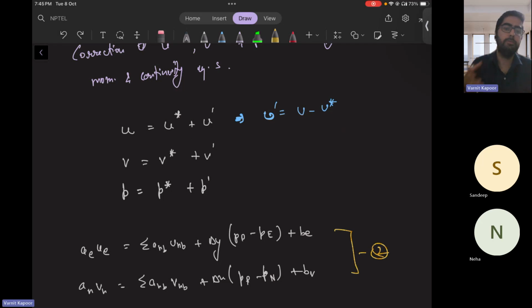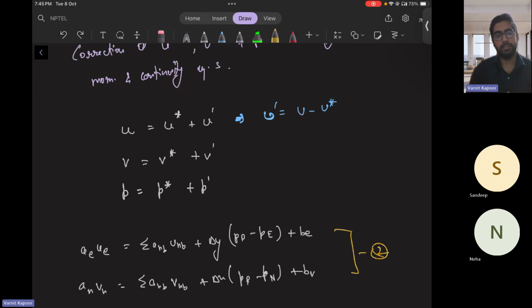Of course, this constant will keep changing, because it might change with every iteration. But P dash equal to constant tells you that for that particular iteration, you have obtained a velocity field that satisfies continuity. We can consider P dash equal to constant everywhere as a converged pressure solution, and that will give you a converged velocity solution, that is Ue and Vn.